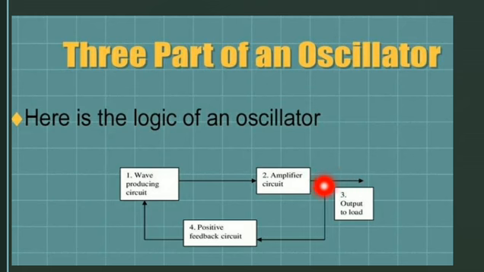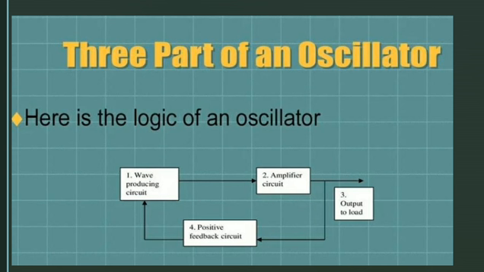At the same time, a fraction of the output is fed back into the input through the network circuit, that is the feedback circuit. See, a part of the output is fed into the input through this feedback circuit. The feedback can be in phase or out of phase.